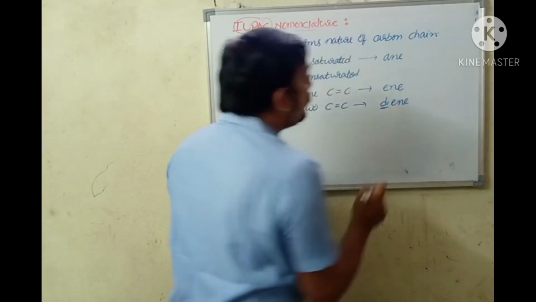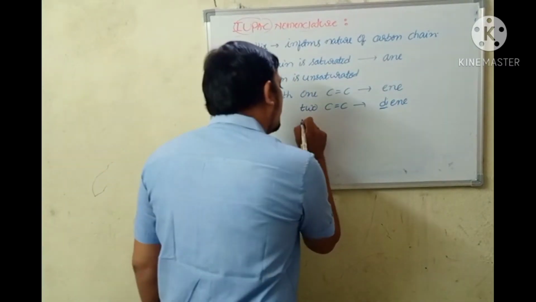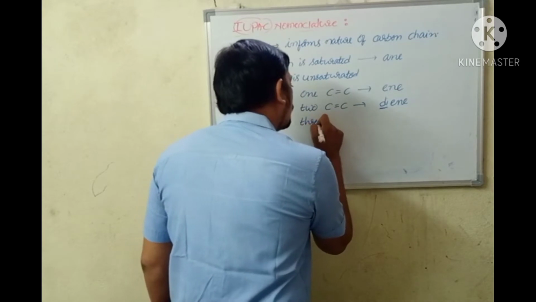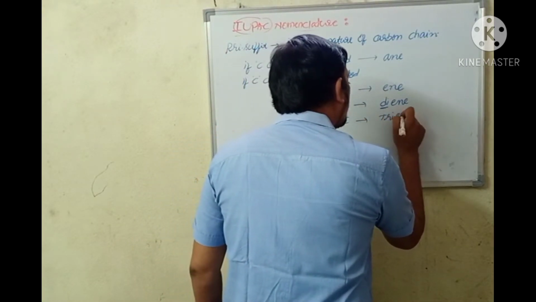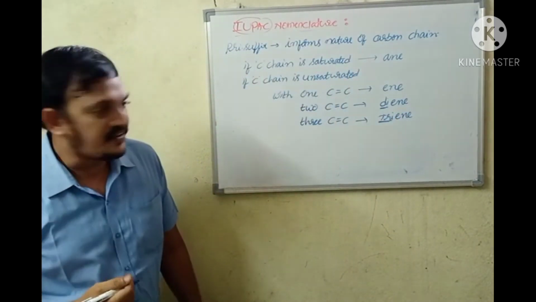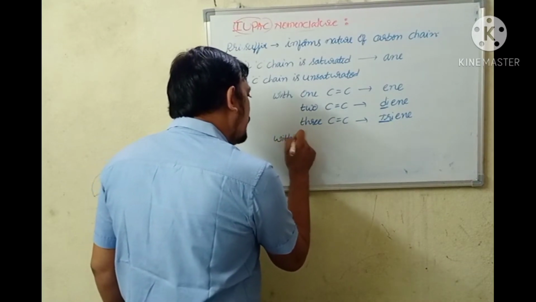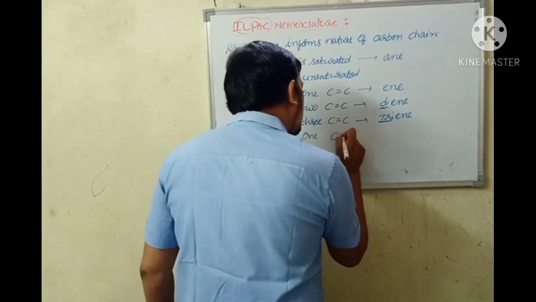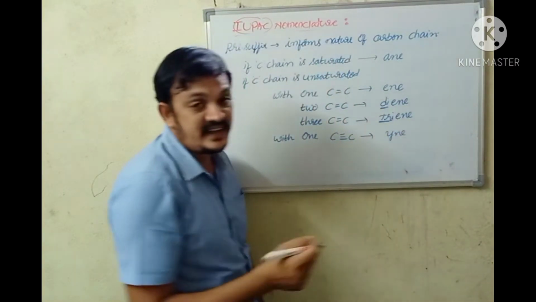Here di will be numerical suffix. If it contains three C double bond C's, it will be triene. Here again tri will be numerical suffix. If a carbon chain is unsaturated with one C triple bond C, it is given primary suffix yne.